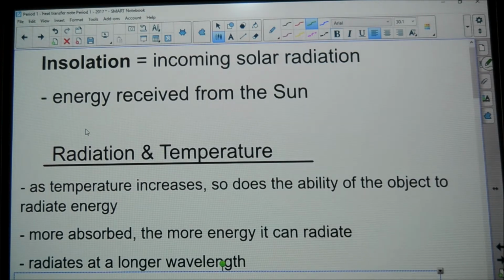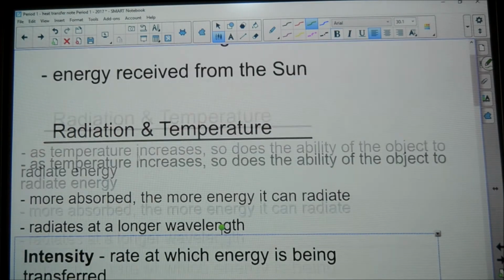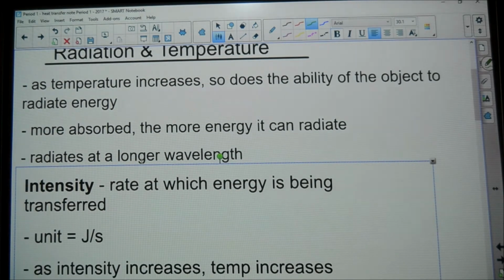So if I'm looking at radiation and temperature, as the temperature increases, so does the ability of that object to radiate or give off heat. The more you absorb, so the higher your temperatures, the more you can radiate. Also, you're going to radiate at a longer wavelength than you were absorbing.